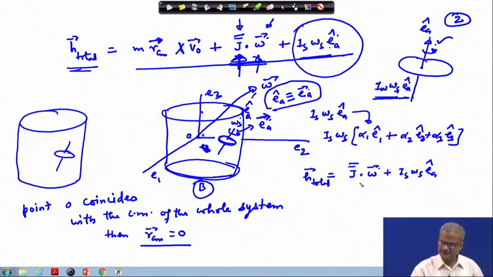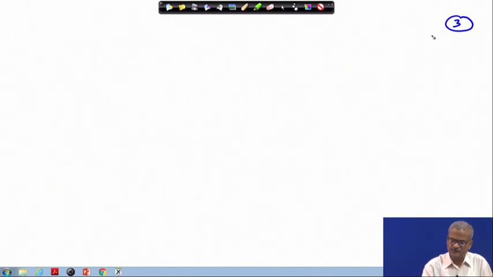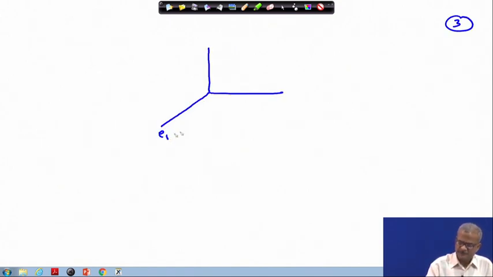And now, we can see that if we have multiple wheels, say we have a situation, we can go to the next page. We have a situation where this is E1, this is E2, E3, and this point is O. One wheel is rotating along this axis, another wheel along this axis, and another wheel along this axis.